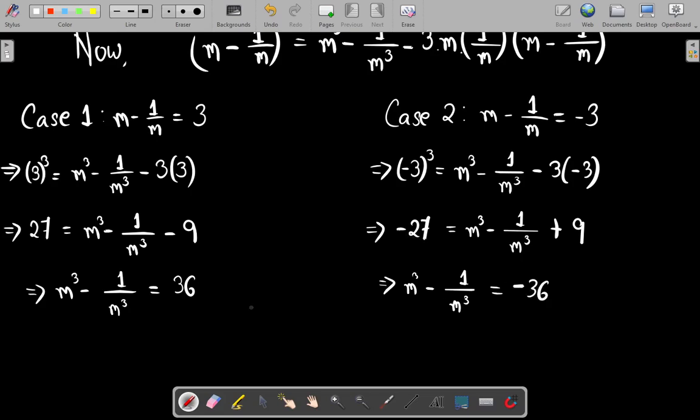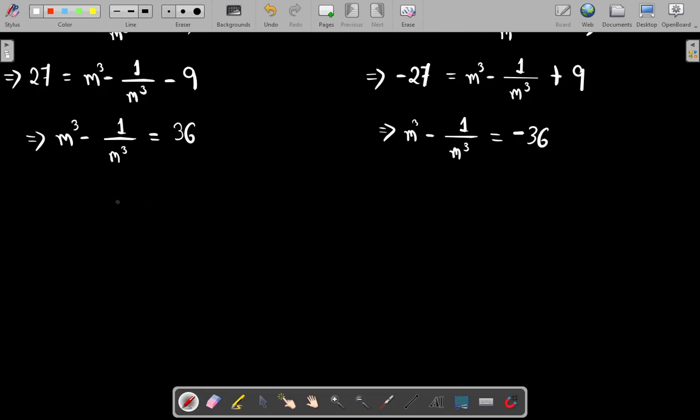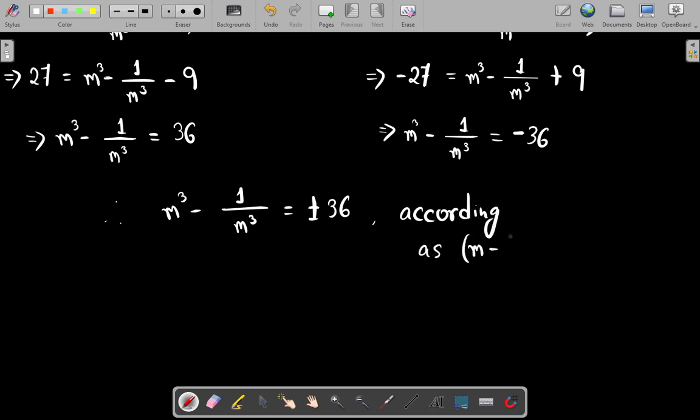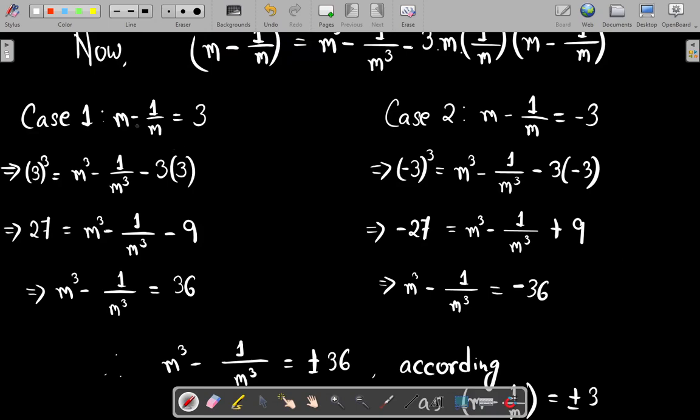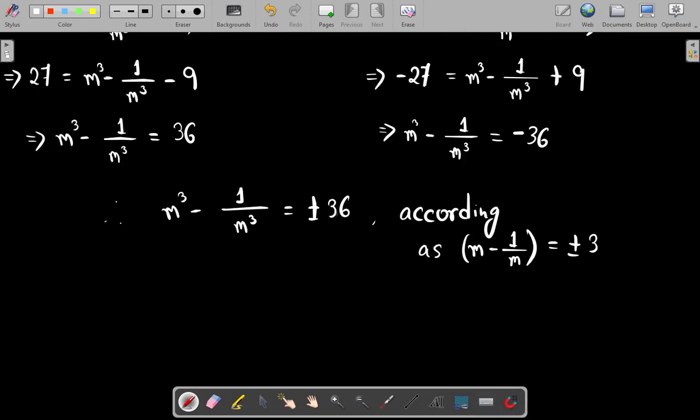So we get m cube minus 1 upon m cube equal to plus minus 36 according as m minus 1 upon m is equal to plus or minus 3. If this is plus 3, this value is plus 36; if this is minus 3, this value is minus 36.